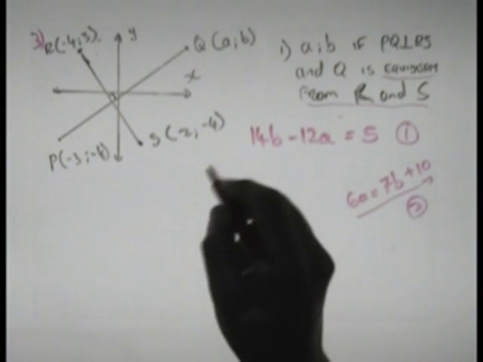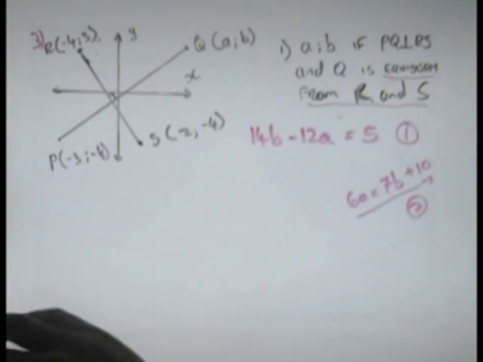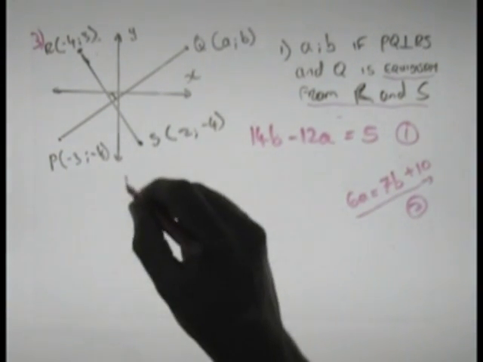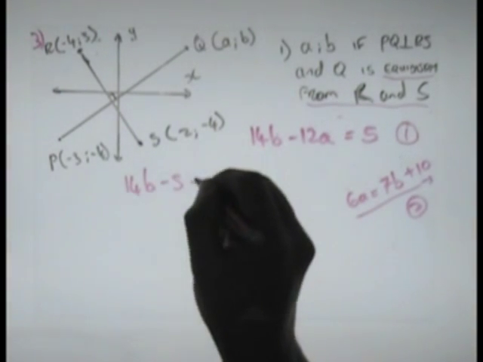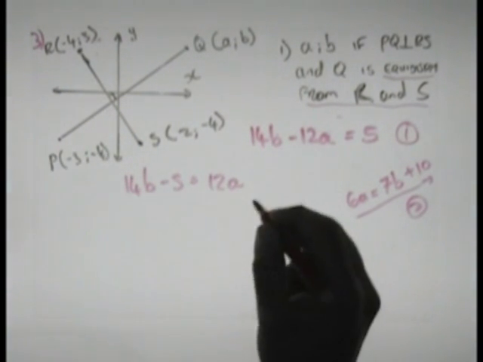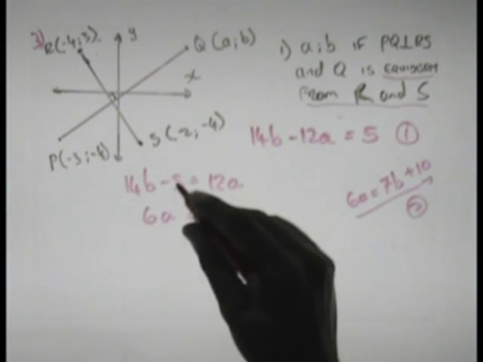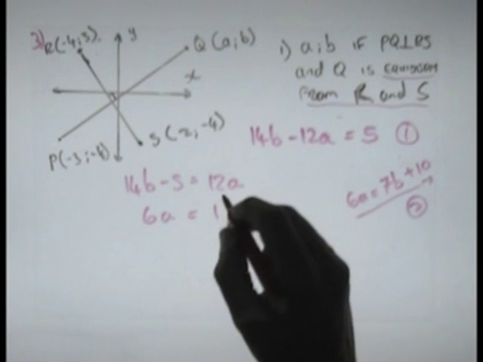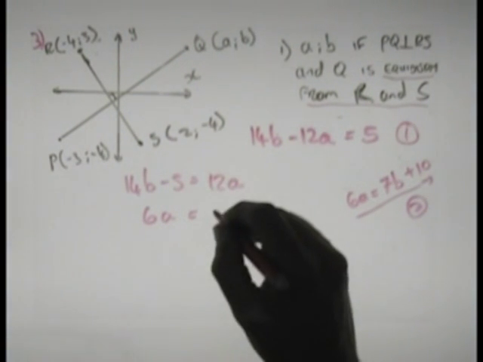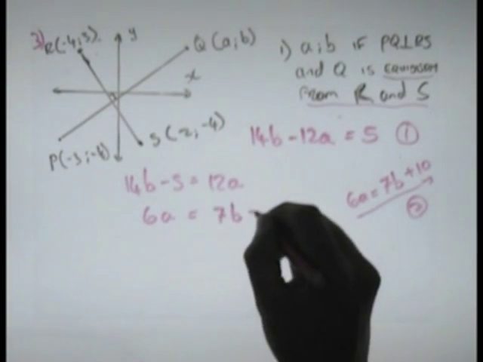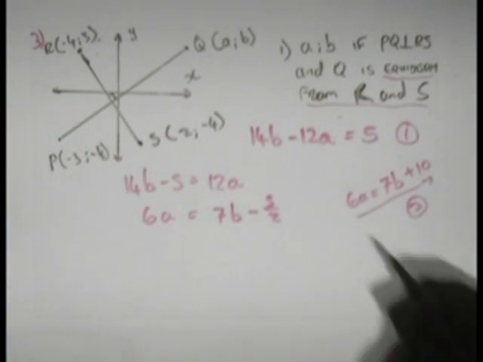That minus 12a, take the 12a across and the 5 across to the other side. That means that 14b minus 5 is equal to positive 12a. Swap it around and divide by 2. That means that 6a is equal to 14 divided by 2, which is 7b minus 5 over 2.